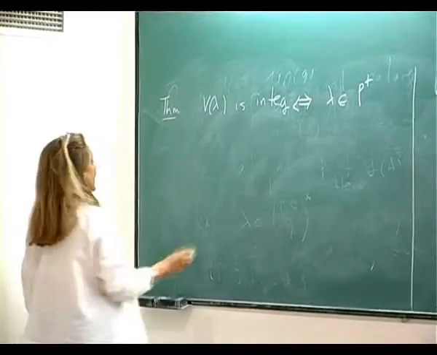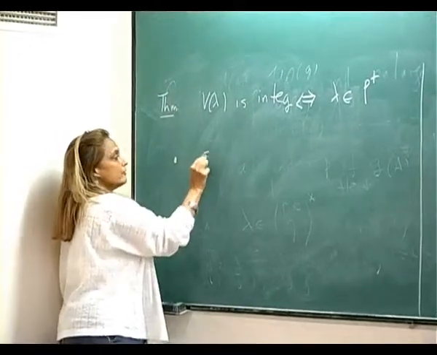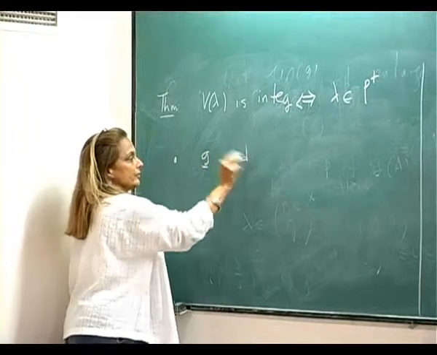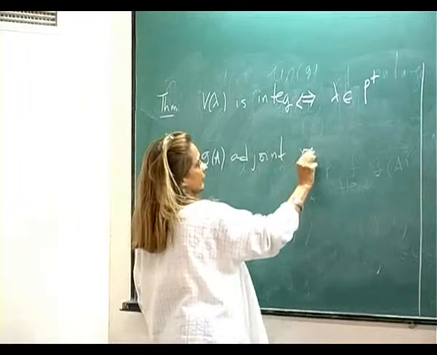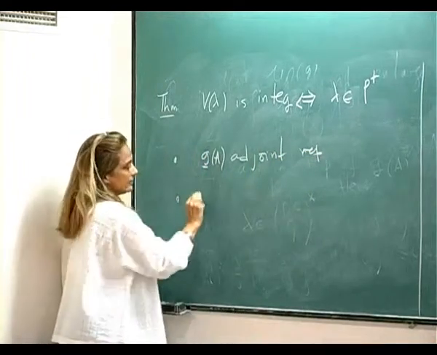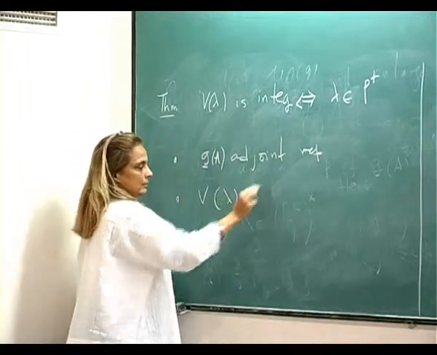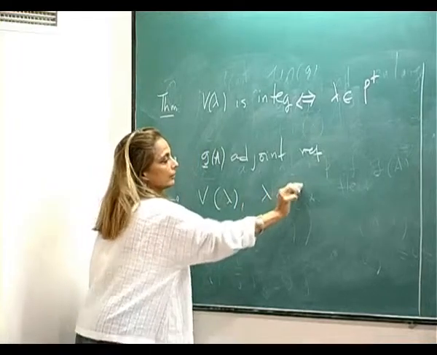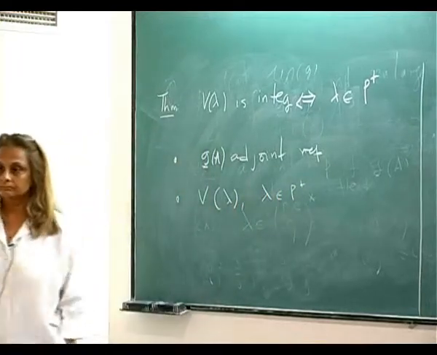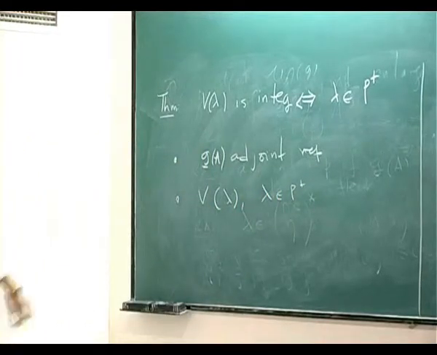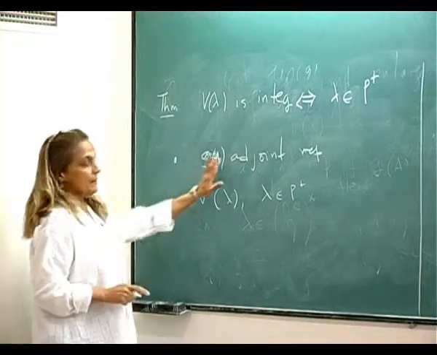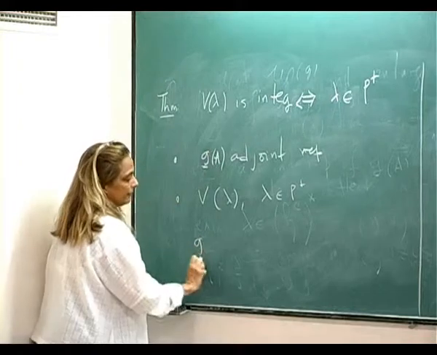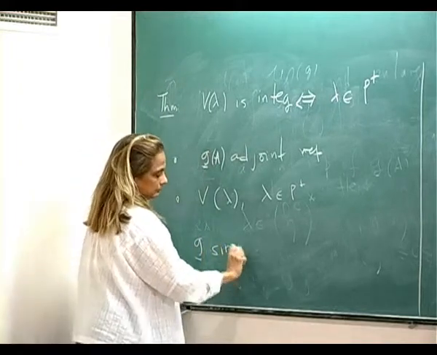So now what do we have? We now have g as an adjoint representation, and we have our modules V lambda with lambda dominant integral. These are the two families. This is one example and this is the other. Why am I making a difference? Now supposing g is simple finite dimensional.